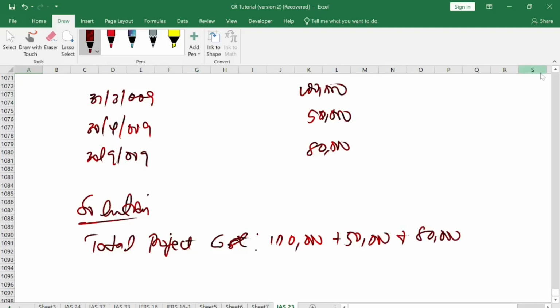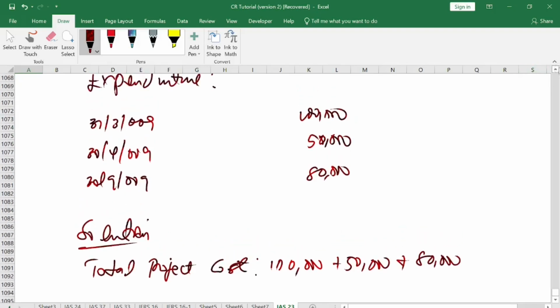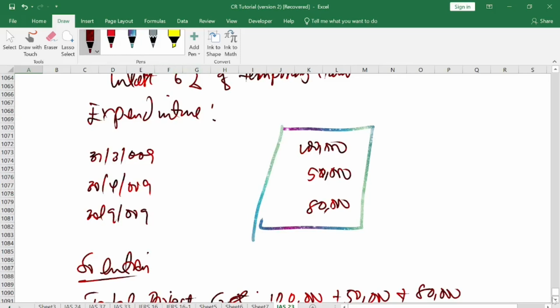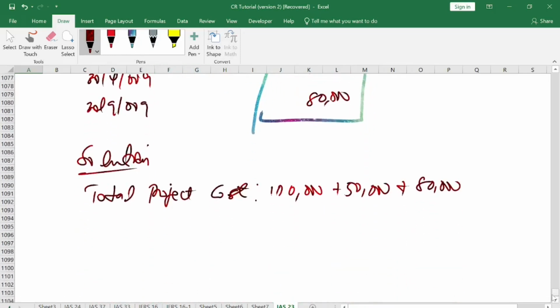So this is the total project expenditure. When you add all of them, it will give you 230,000.